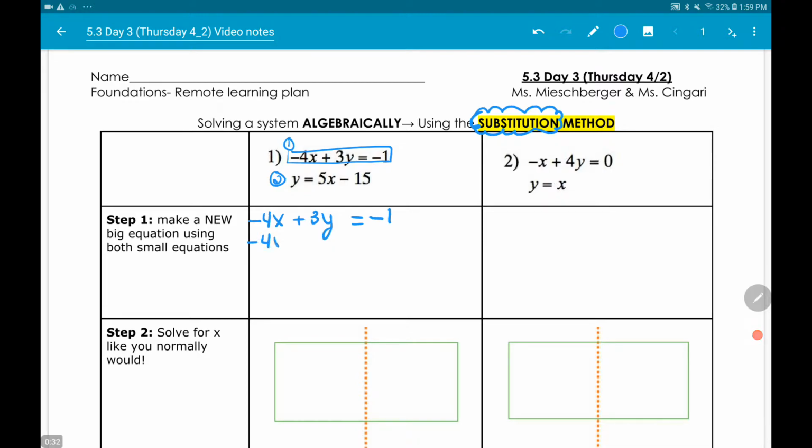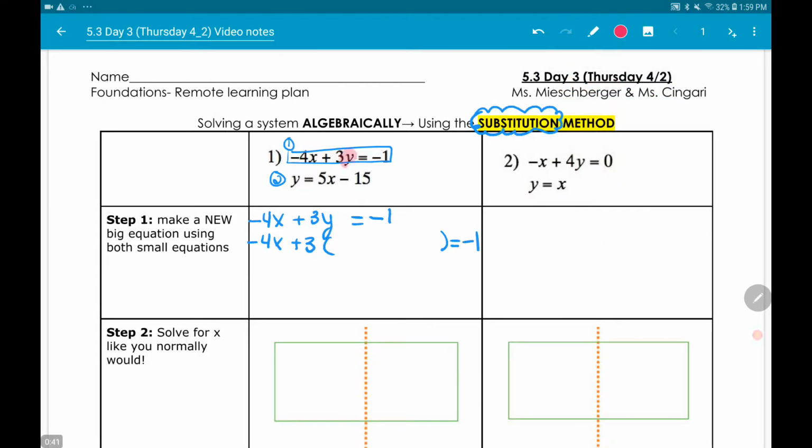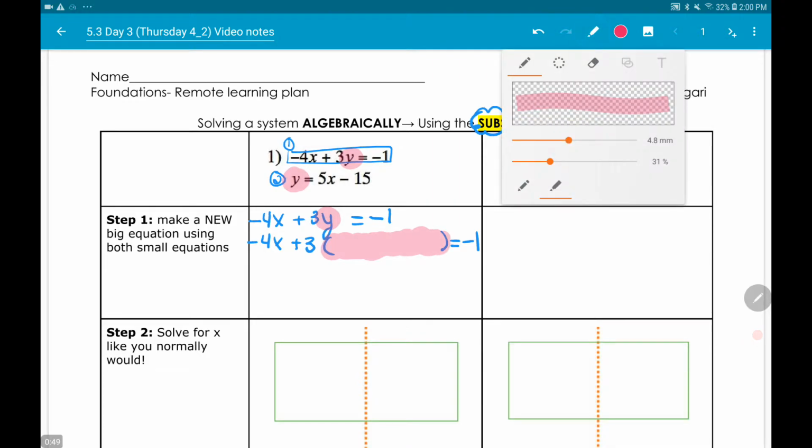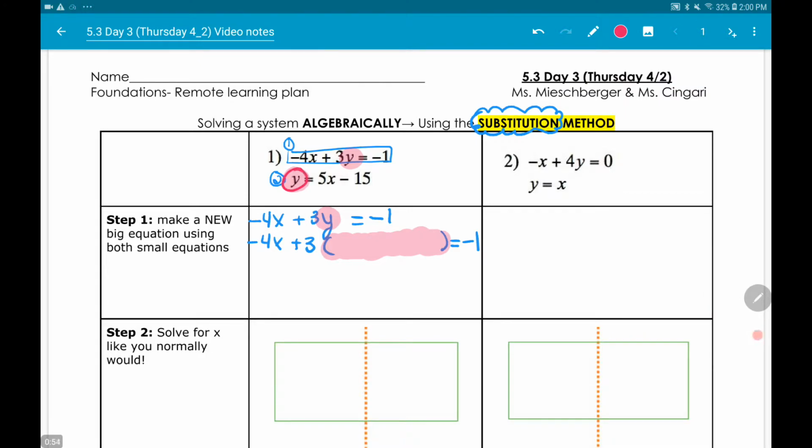Where I have a y is going to be where I put my parentheses. And the reason is because y is what my second equation is equal to. So this told me to put parentheses where y is.